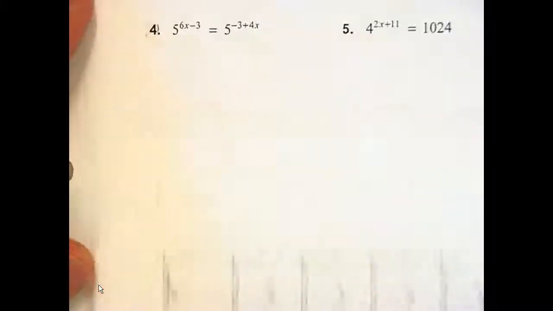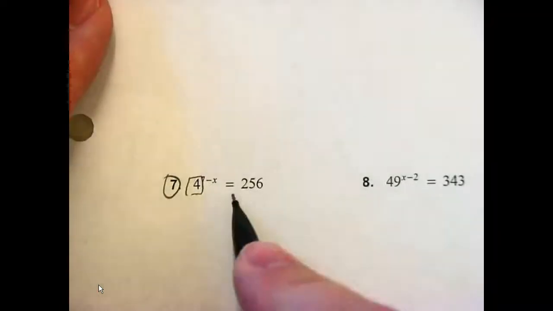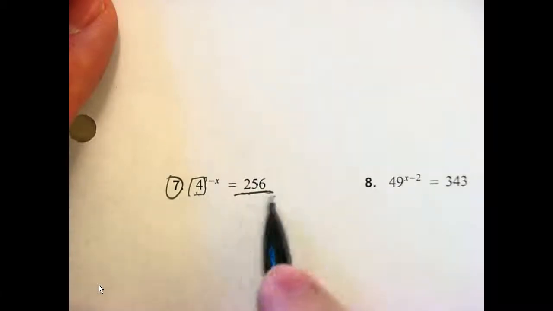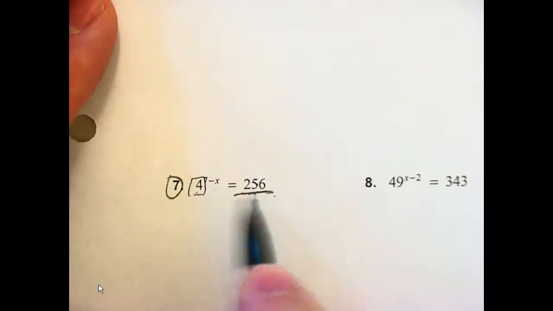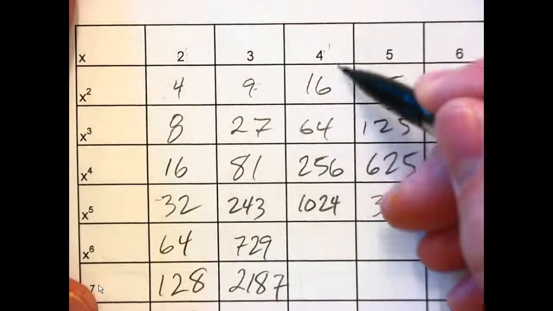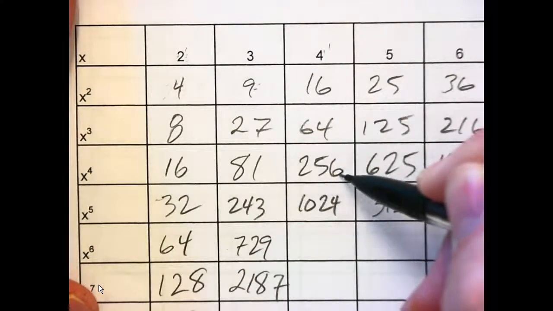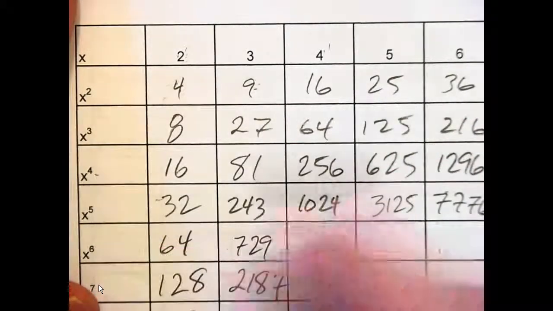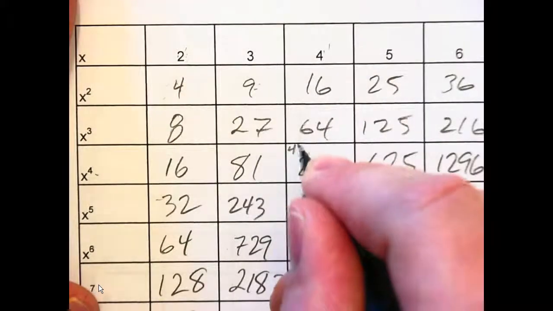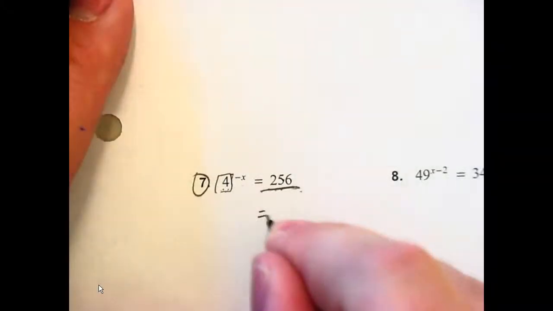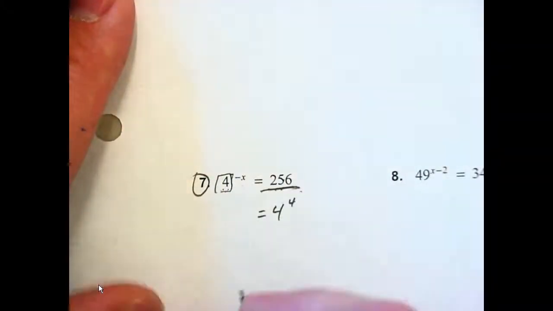Okay, the question is, can I find 256 and make this into a base 4? So in other words, if I go to 4 here, does 256 end up in this column? Yeah, it's 4 to the 4th power. 256 is 4 to the 4th power. So I could rewrite 256 as 4 to the 4th.